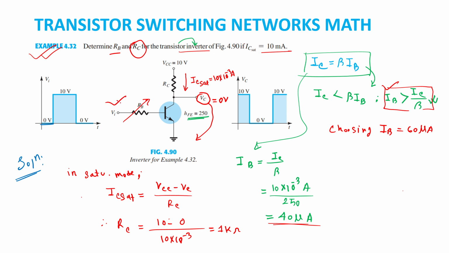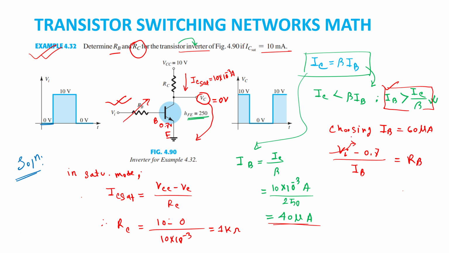From this circuit we can determine the resistance. Here the voltage drop is 0.7 volt, that is VBE. So we can determine the base current from the circuit: VI minus 0.7 divided by RB is equal to IB.